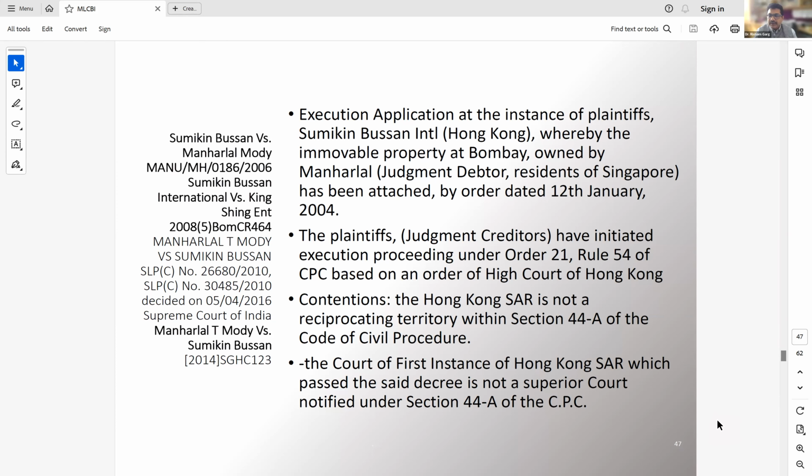Now the question is whether it can be enforced. It was enforced also in the sense that the property was attached. So the property of Manhar Lal in Bombay was attached, and the realization, that is the auction, was pending. During this time, Manhar Lal filed an individual bankruptcy application in Singapore, and the Singapore court admitted that bankruptcy application.